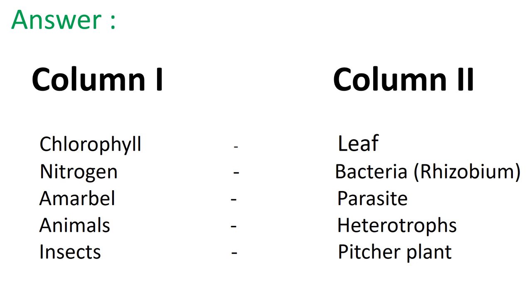All the animals are heterotrophs as they consume other organisms to fulfill their necessity of food. Lastly, insects. Pitcher plant is an insectivorous plant and it traps the insects. Hence, all the items are correctly matched.